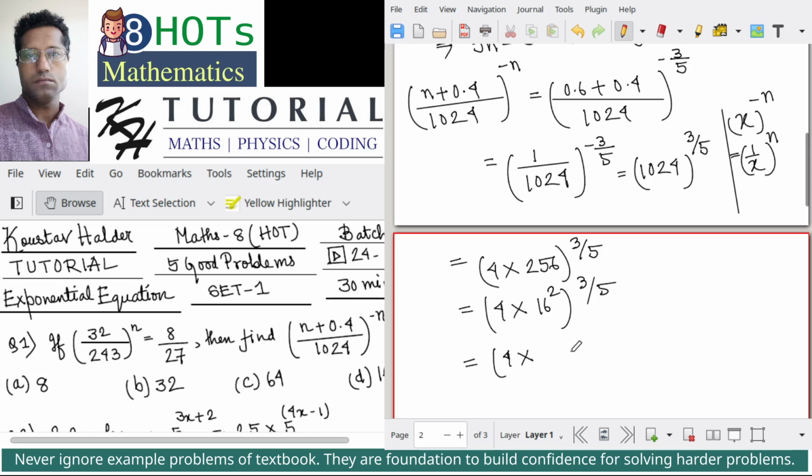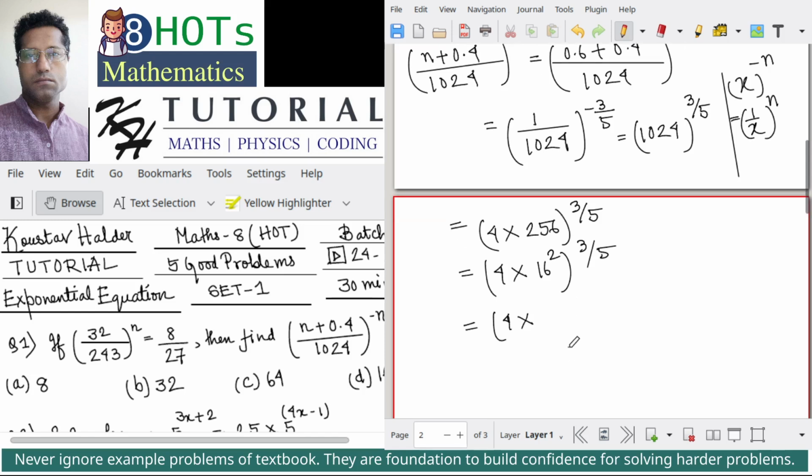You can make the base 2 or even 8, whatever you feel is convenient. But whenever you see a number which is a power of 2, it is always better to express it as a power of 2. Even though I am expressing it as a power of 4 to shorten the calculation, you can also express the whole 1024 as a power of 2.